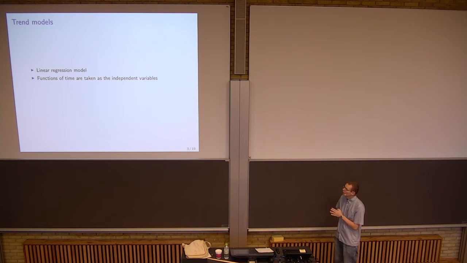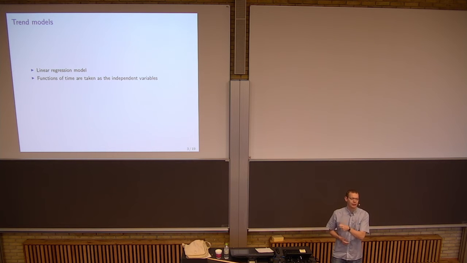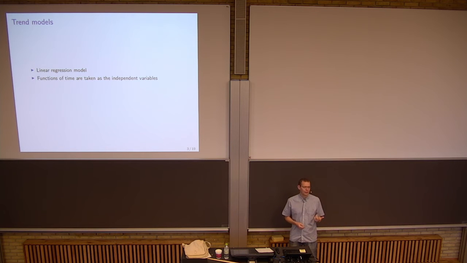So linear regression models. When we do it, as you also did in one of the exercises from last week, you took time as being the x variable, the independent variable. So was that a smart thing to do?